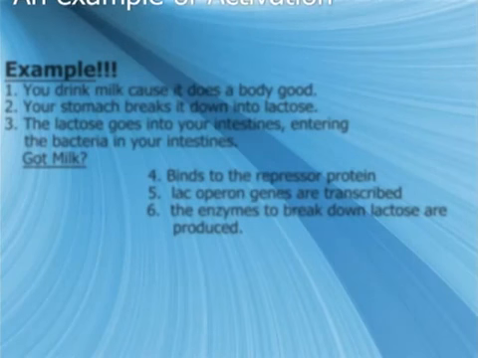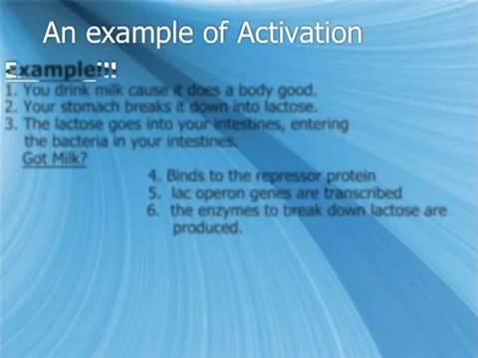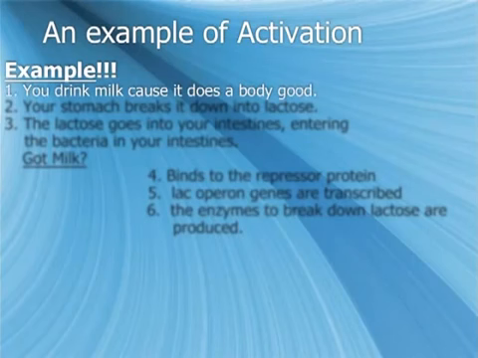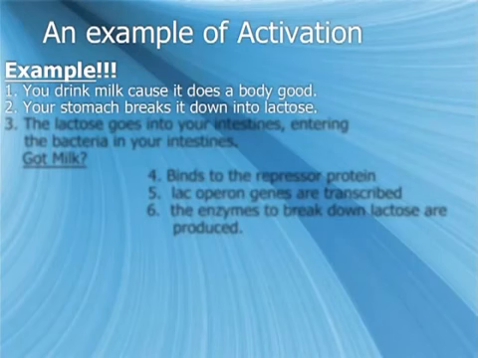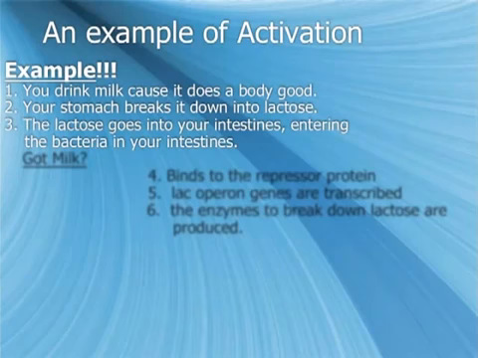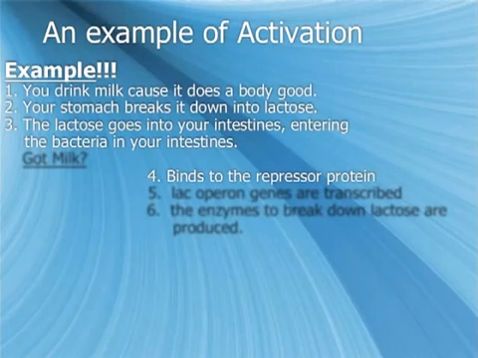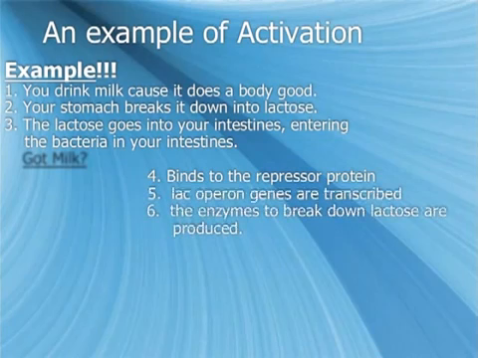So, for example, you drink milk, your stomach breaks down the milk into lactose, and the lactose goes into your intestines, entering the bacteria in your intestines. The lactose goes and binds to the repressor protein and makes it come off of the DNA, and the lac operon genes are transcribed.